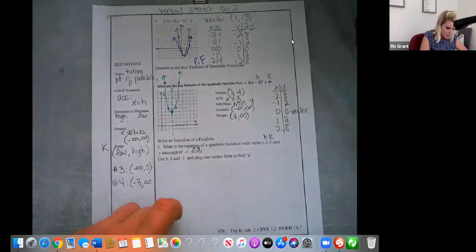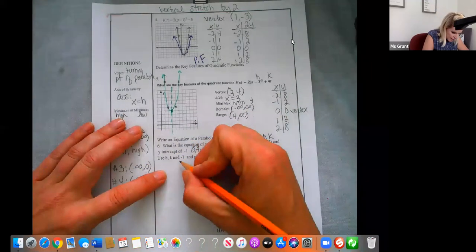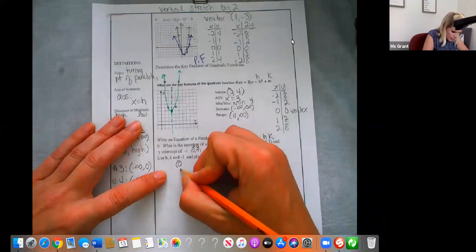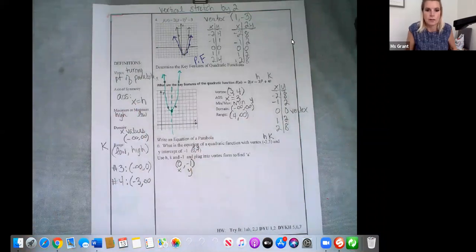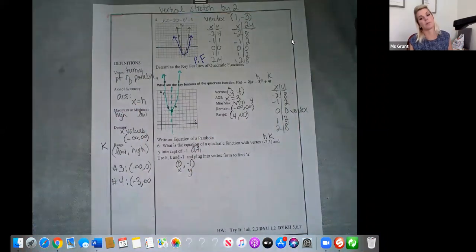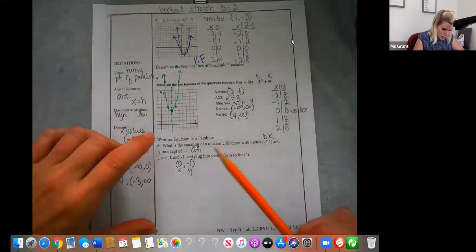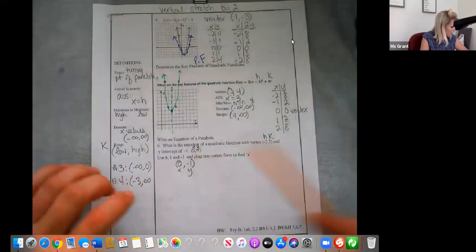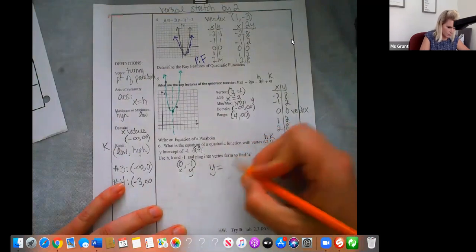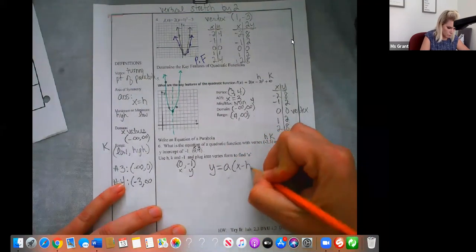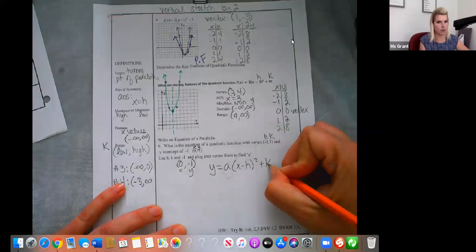I'm going to use h, k and 0 for x and 1 for y and plug into vertex form to find what a is. So I'm going to use x, y, h, k.